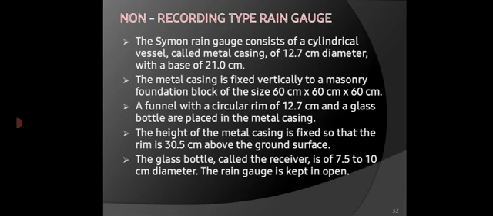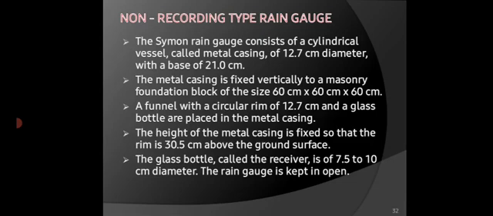The casing is fixed vertically to a masonry foundation block of size 60 by 60 by 60 centimeter. The funnel is inserted upon the glass bottle. The height of the metal casing is fixed so that the rim is 30.5 centimeter above the ground surface, and the bottle called the receiver is of this dimension, and this rain gauge is kept open.